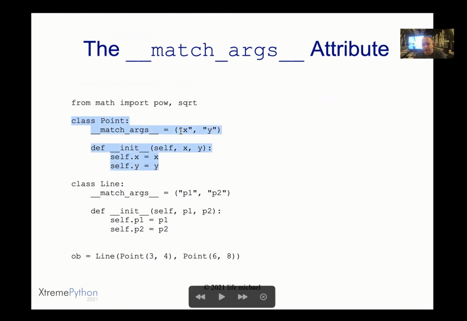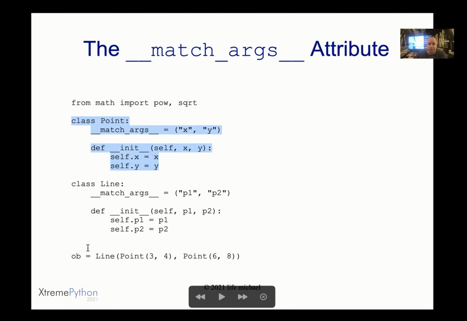And this is our way to say this is the order, this is the way the comparison will be carried. So in this case, for instance, we have the class point, we have the class line. Both classes have the match args attributes that specify the exact order.